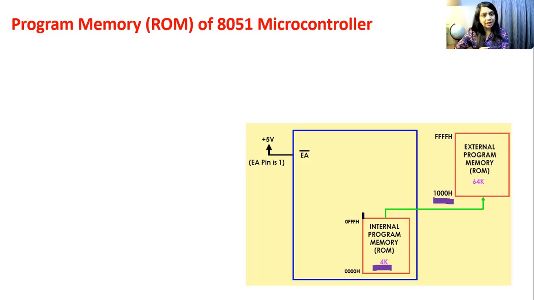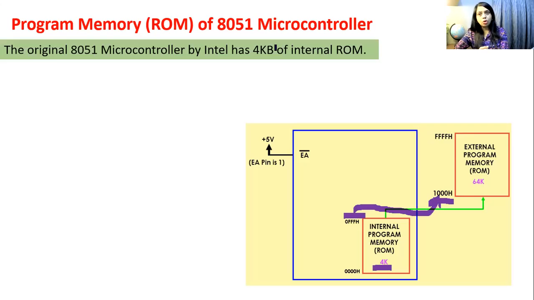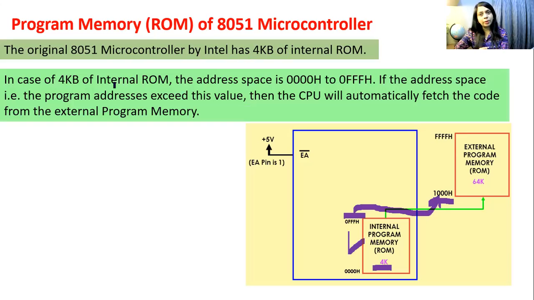Immediately after this, the next address will be allocated to external program memory. The original 8051 microcontroller by Intel has 4 kilobyte of internal ROM, and the address space is 0000 to 0FFF.